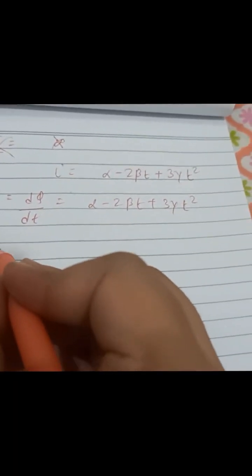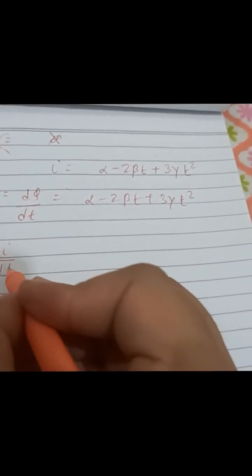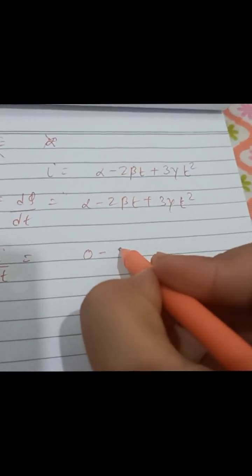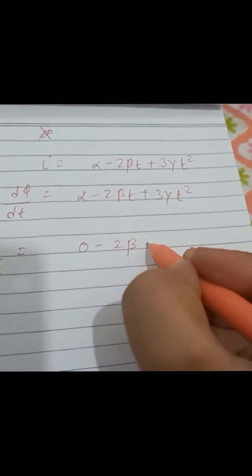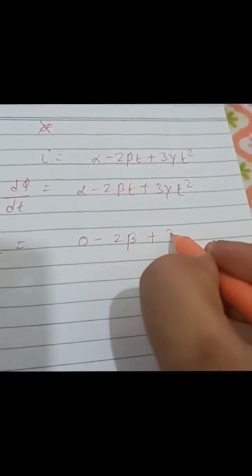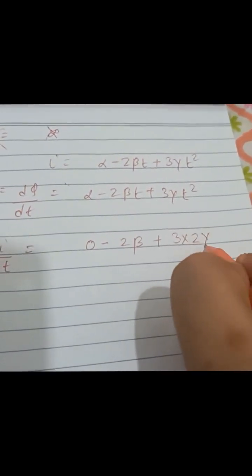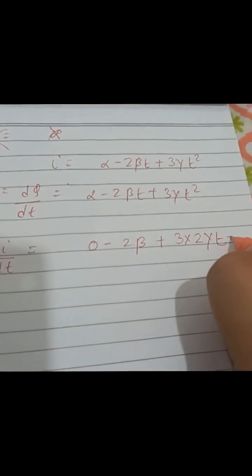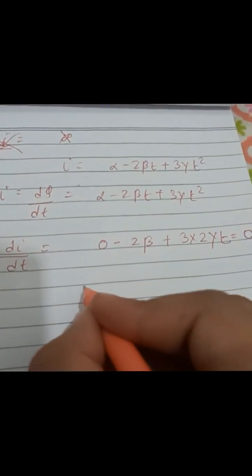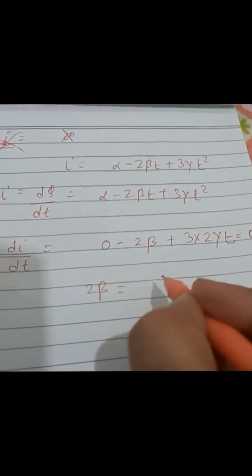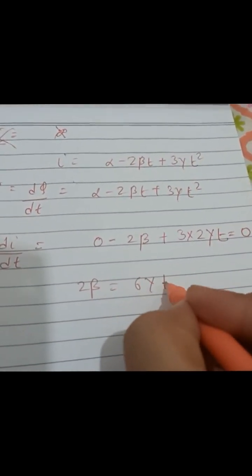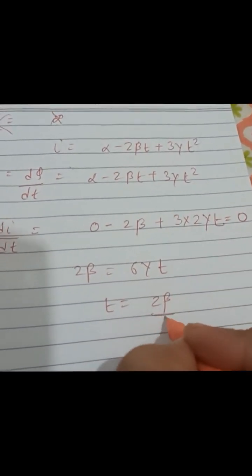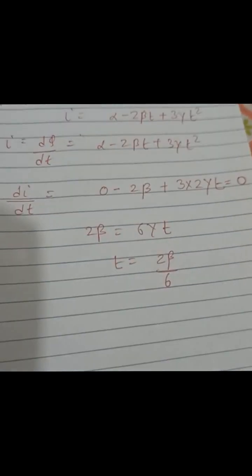Now again differentiate it, dI by dt. This will be equal to 0 minus 2 beta plus 3 into 2 into gamma t, and equating this to 0, 2 beta is equal to 6 gamma t, so t will be 2 beta by 6 gamma.